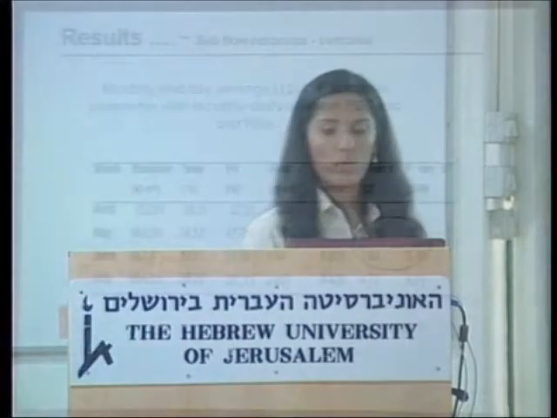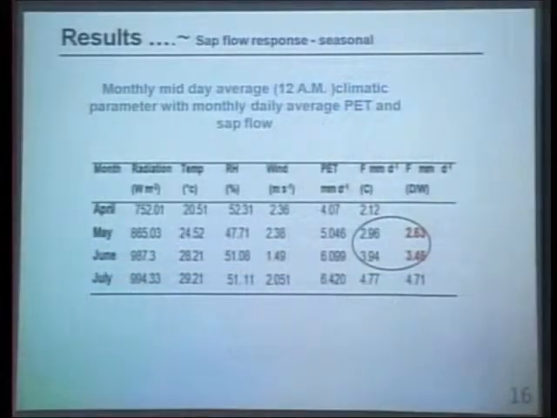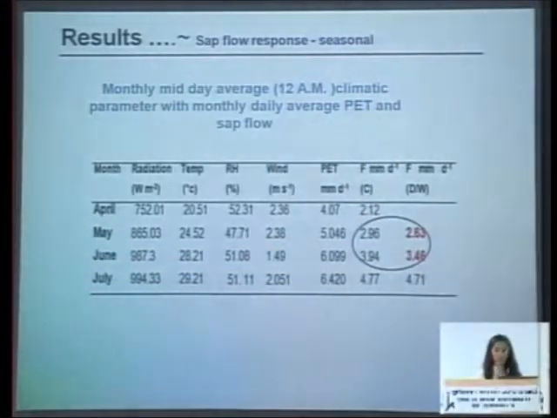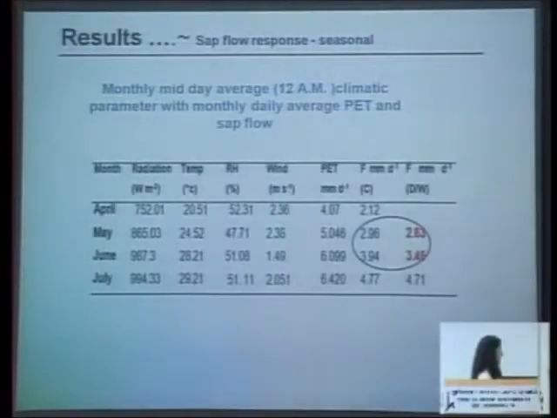The seasonal sap flow response: monthly midday average climatic parameters with monthly daily average potential evapotranspiration and sap flow, with radiation in watt per meter square, temperature in degrees Celsius, relative humidity in percentage, wind speed in meter per second, and potential evapotranspiration, in the control and drying plots.